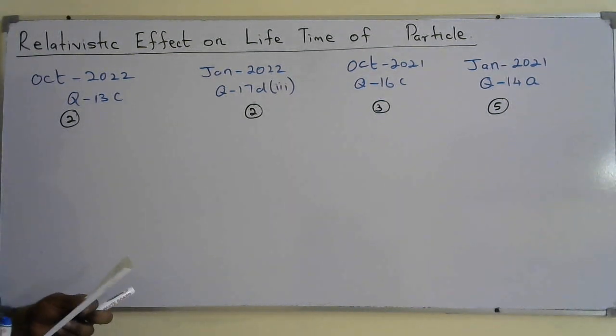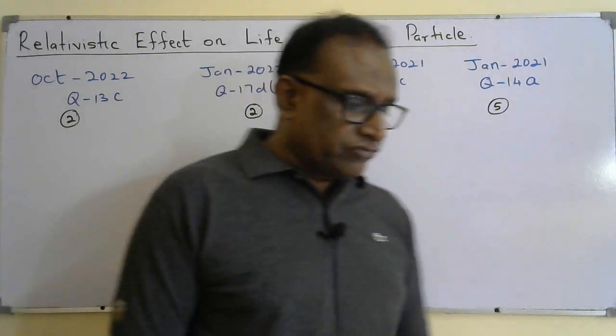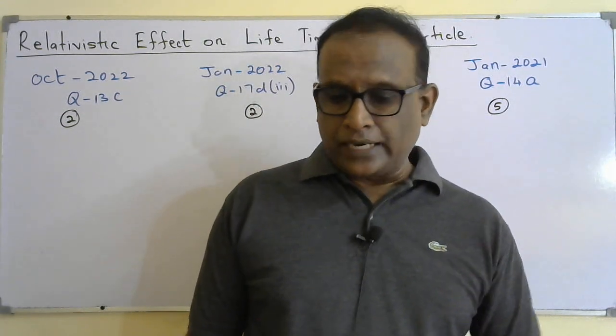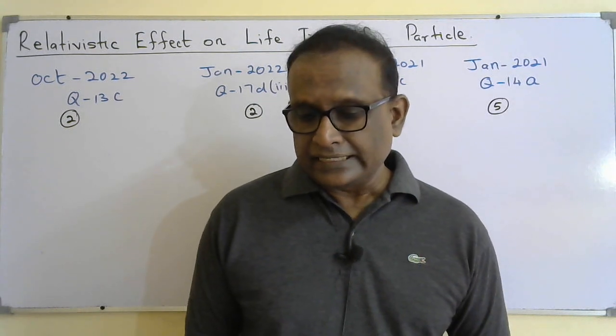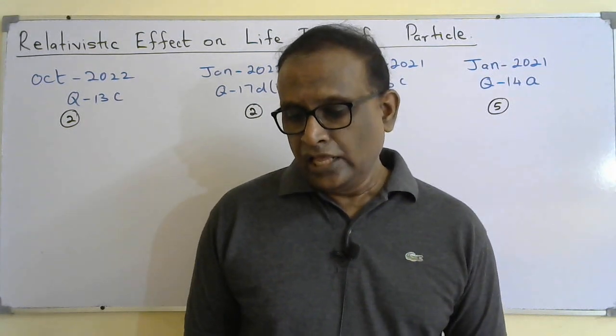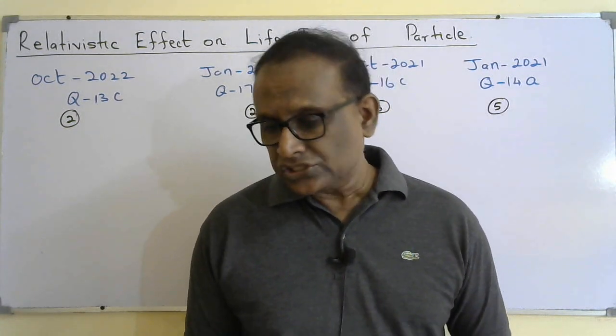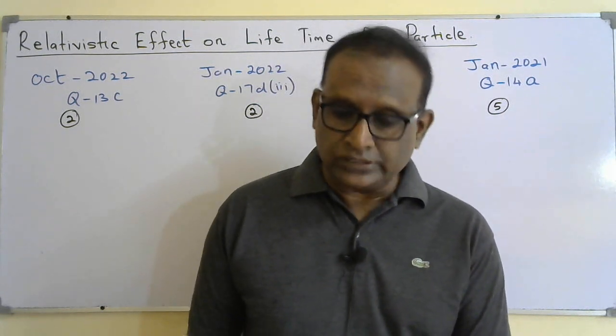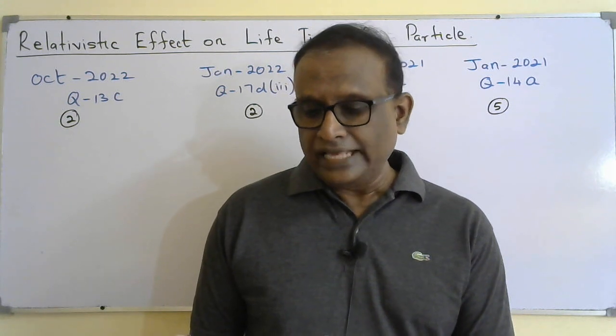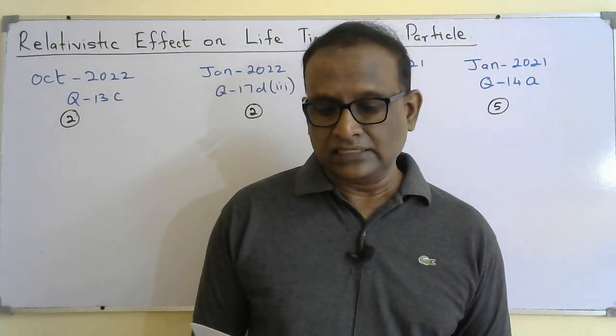Then the October 2021 question: most of the particles detected in the spark chamber are muons. The muons were created in the upper atmosphere. Muons normally have a very short lifetime and should have decayed before they reach the surface of the Earth.